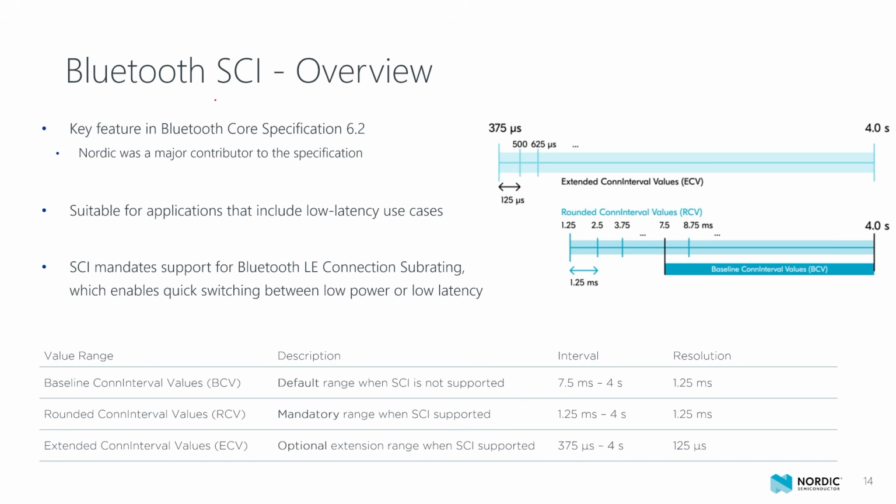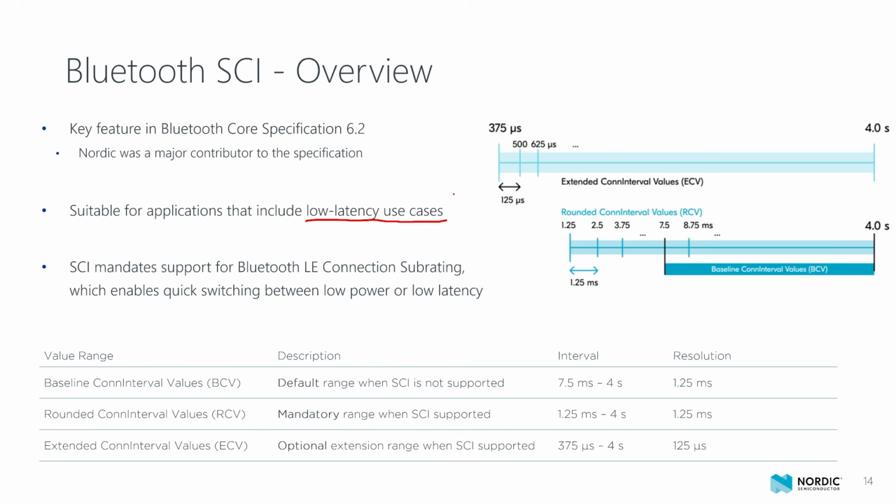Okay, so digging a little bit deeper into SCI. As mentioned, this is one of the key features in the Bluetooth Core specification 6.2, and we're quite happy that it's now been included in the Bluetooth spec, because Nordic was a major contributor to this specific specification for SCI. What this brings is that it's quite suitable for applications that include low latency use cases.